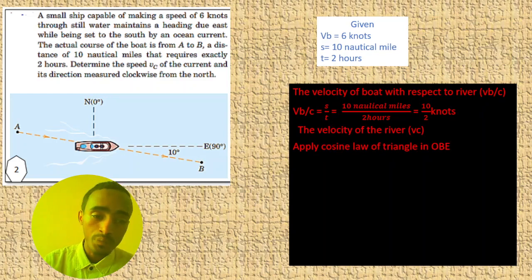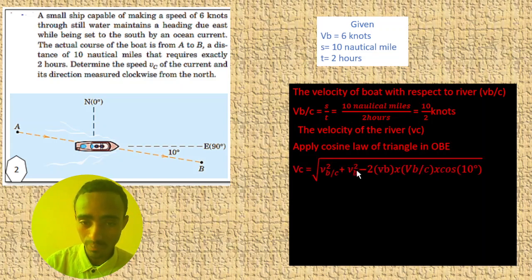Then we can calculate this BC value, because we know VB, VB with respect to C, and the angle between them. Simply substitute the values.